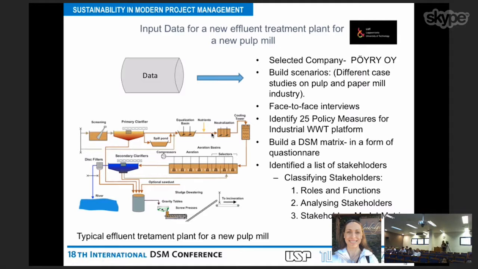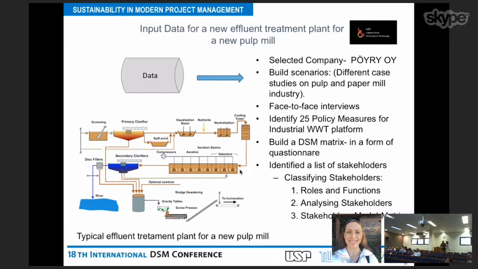So we have this data, and we have worked very closely, with intensive collaboration, with a large engineering and consulting company, Pöyry, that has different case studies in the pulp and paper mill industry. And by developing many meetings, seminars, and interviews face-to-face, we have identified some policy measures, but in this case about wastewater just for the pulp and paper mill industry.